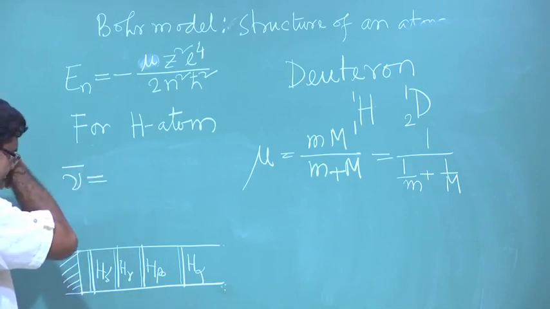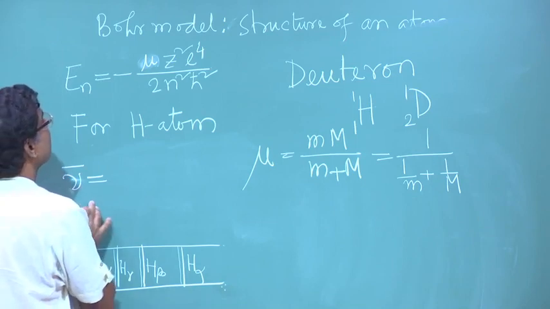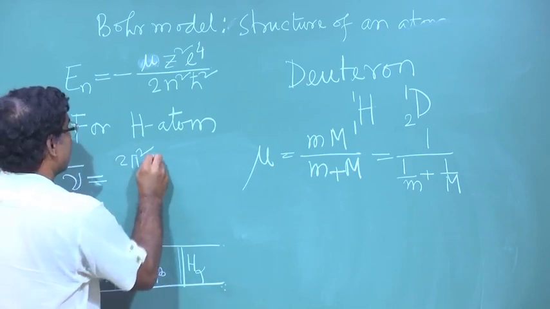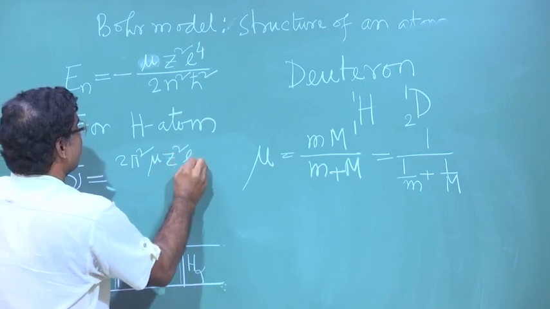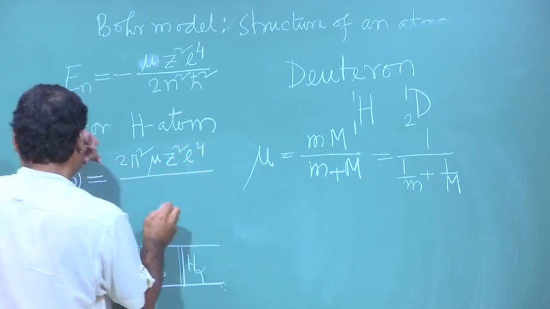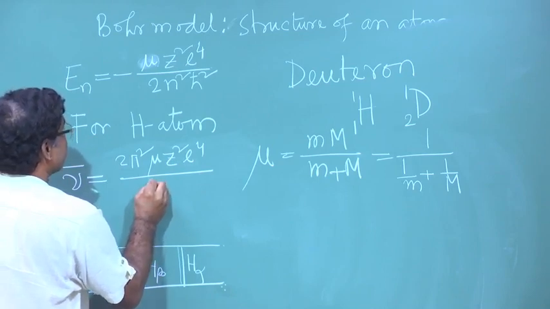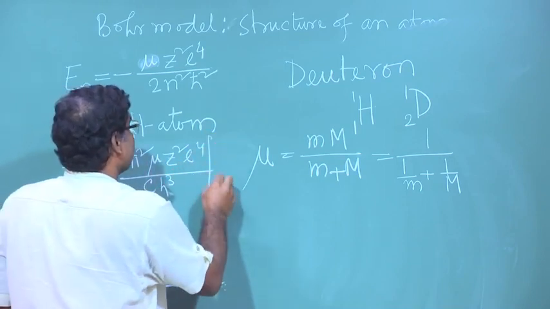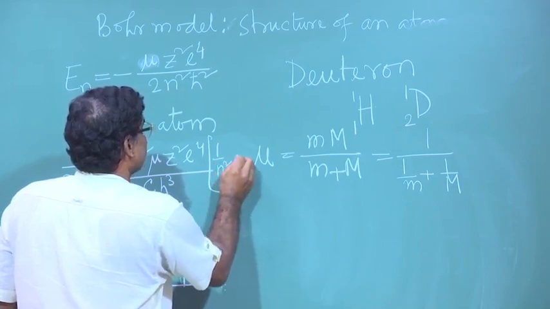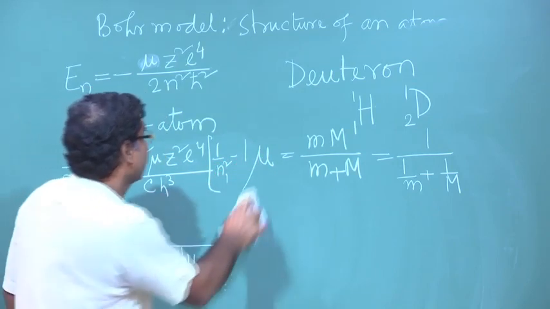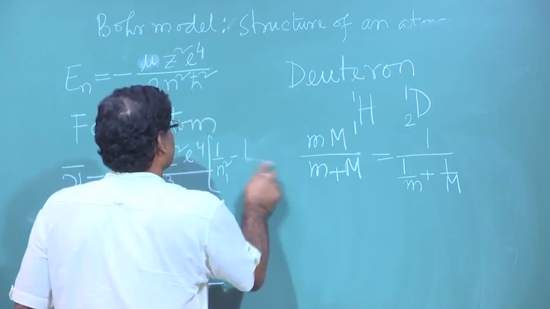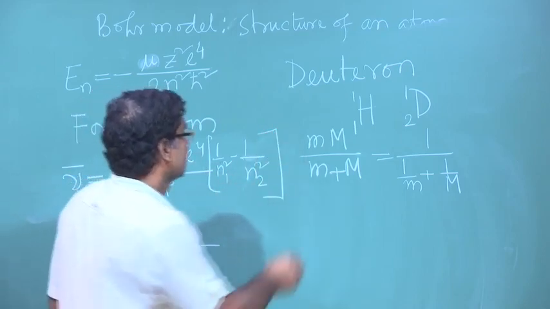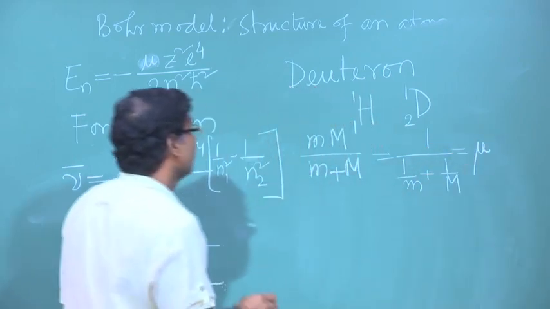Nu bar, as I remember, is 2 pi square mu z square e to the power 4 divided by c h cube, and then 1 by n1 square minus 1 by n2 square, okay, and this is basically mu.